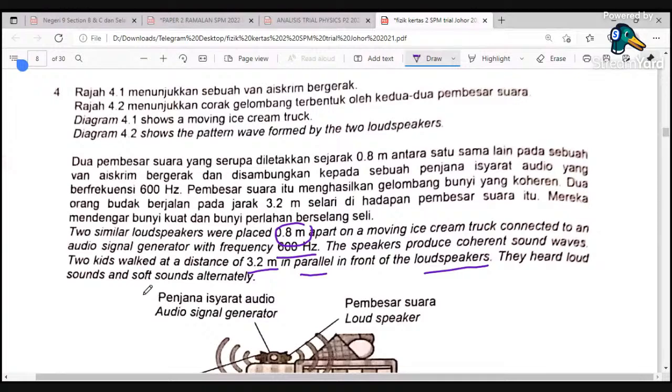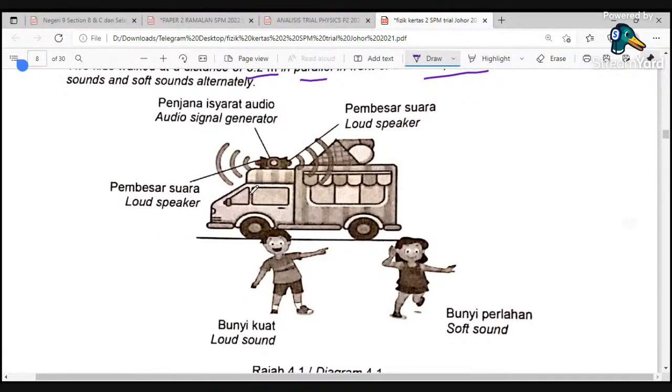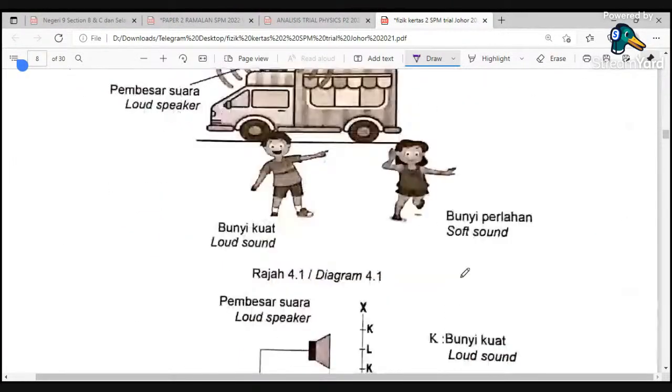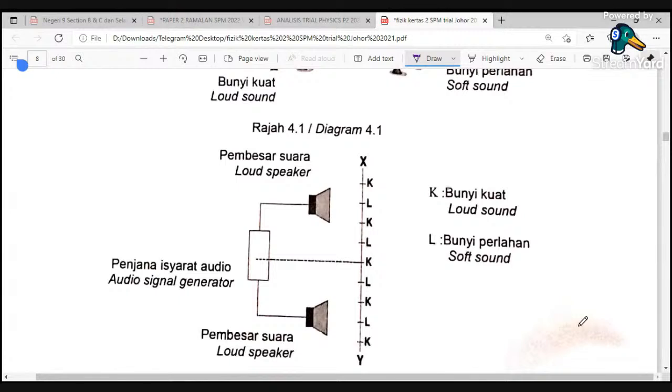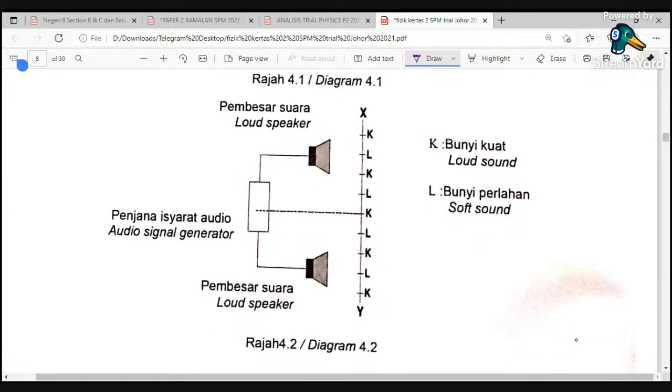They heard loud sound and soft sound alternately. Okay. So ada loud sound and soft sound. Saya rasa you tahulah apa konsep dia kan. Ini interference. Interference of sound wave.